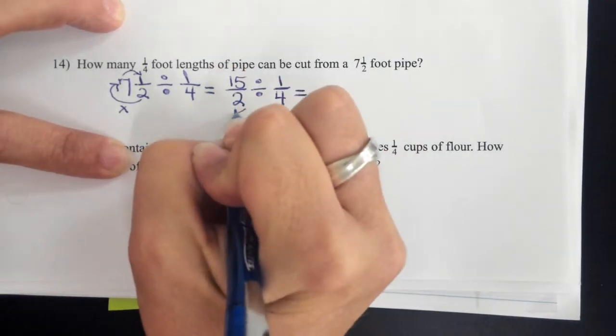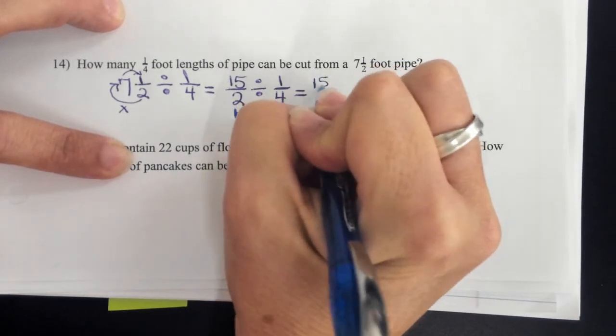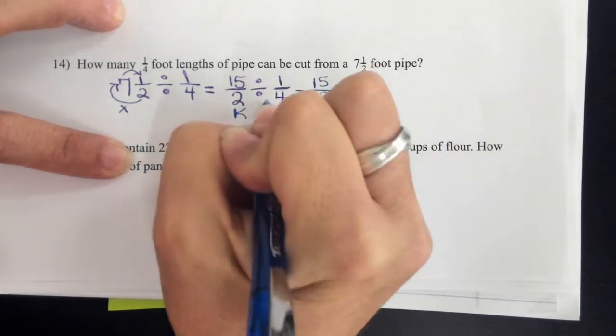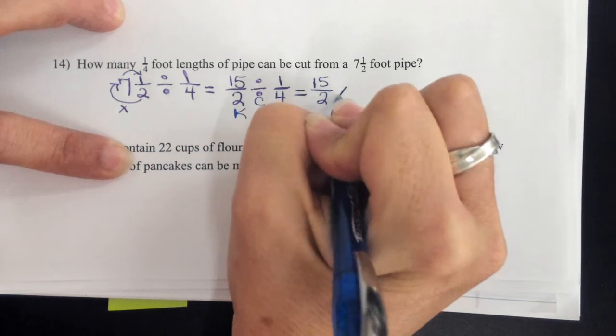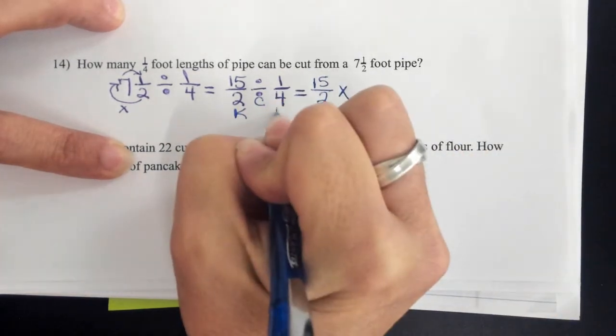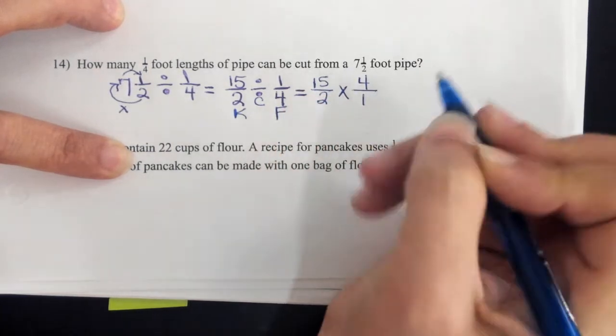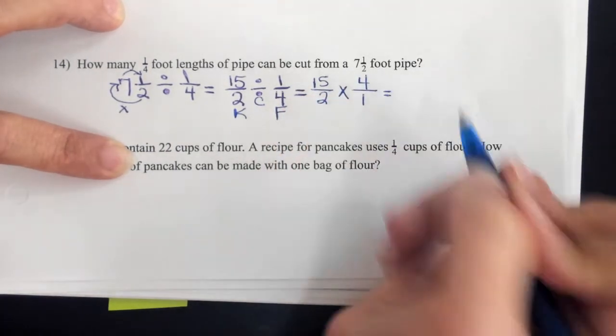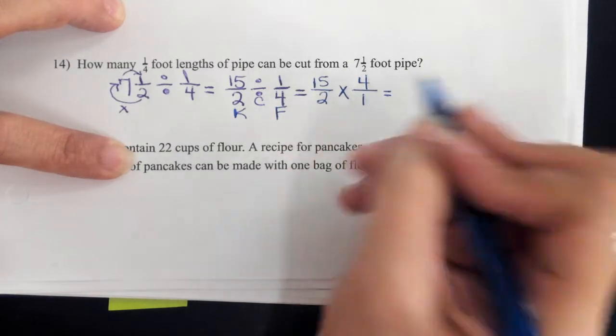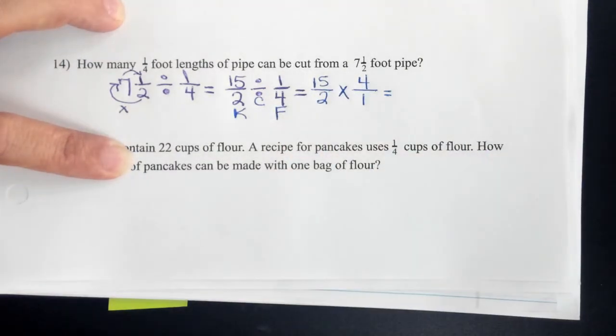I'm going to keep 15 over 2, change to multiply, and flip it over to 4 over 1. Listen, get used to seeing that in proper fraction. It's going to be a lot more normal after today.